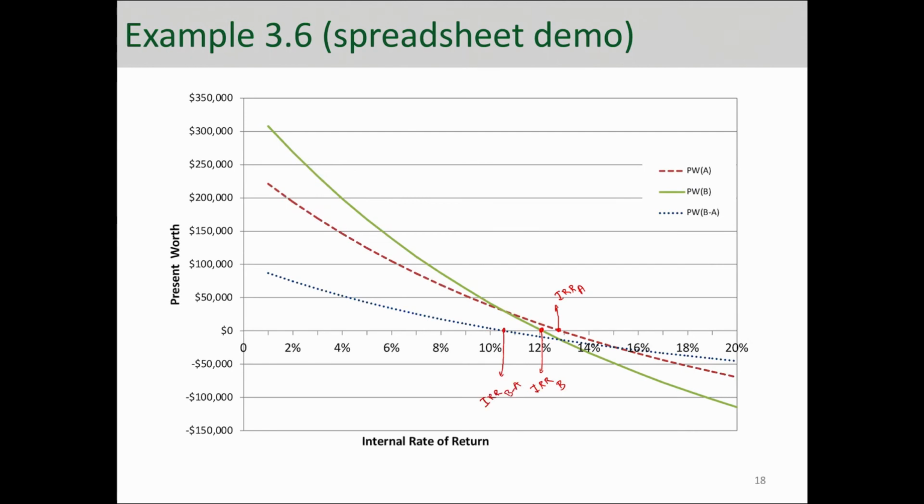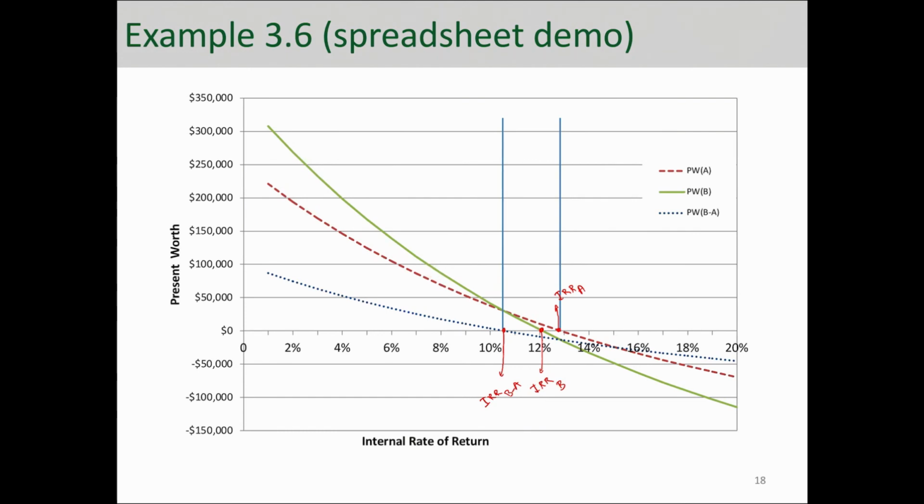Here you can see that at different MARR levels, your decision can change, right? So here, for example, before this IRR of B minus A, here, you would pick alternative B. And that was the case in this problem. MARR was 8%. And you can see at 8%, the green line is above all of the other ones.